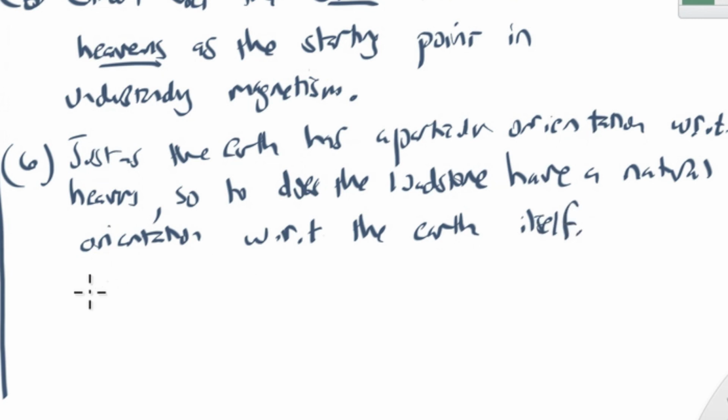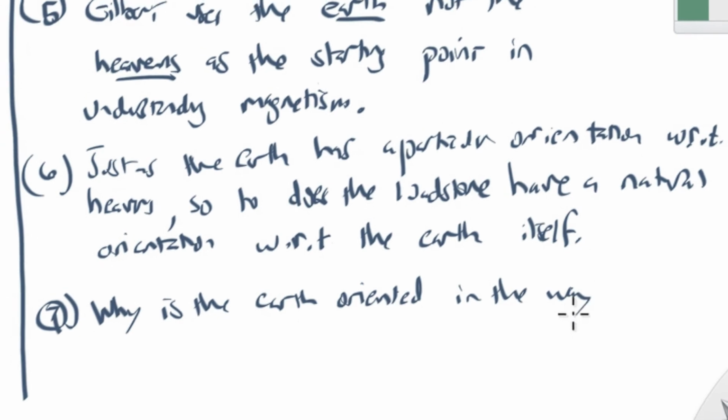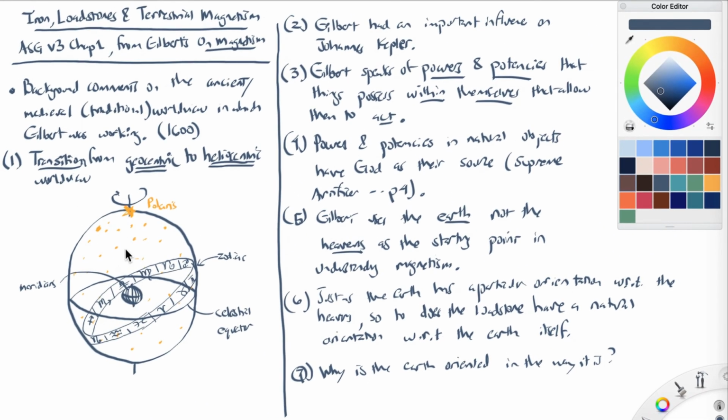Okay. Now, this raises the question immediately. Here's the question. Why is the Earth oriented in the way it is? This is a question that he asks. In particular, why is it oriented straight toward Polaris? That's not obvious that it should be oriented that way.